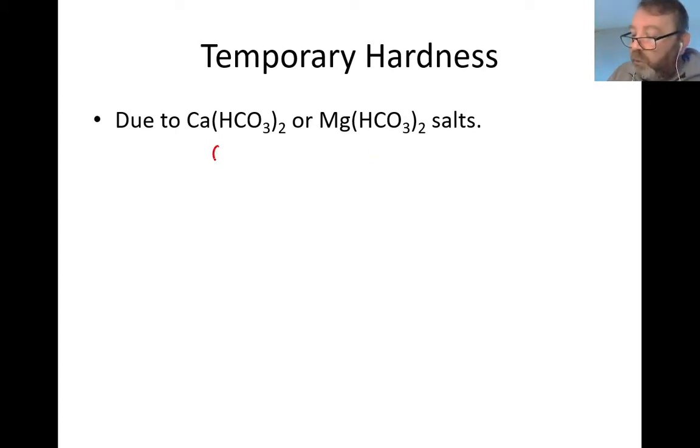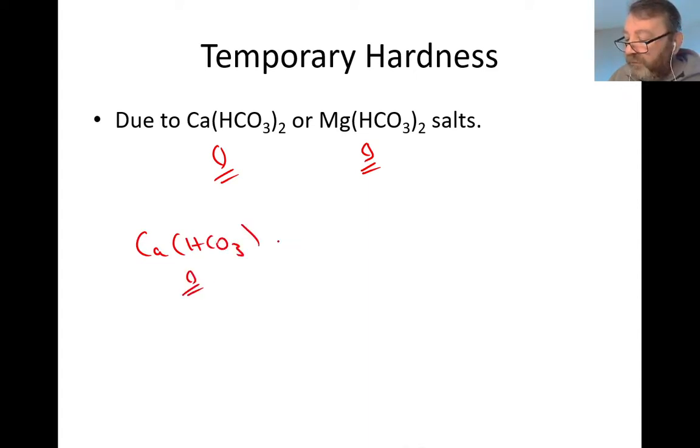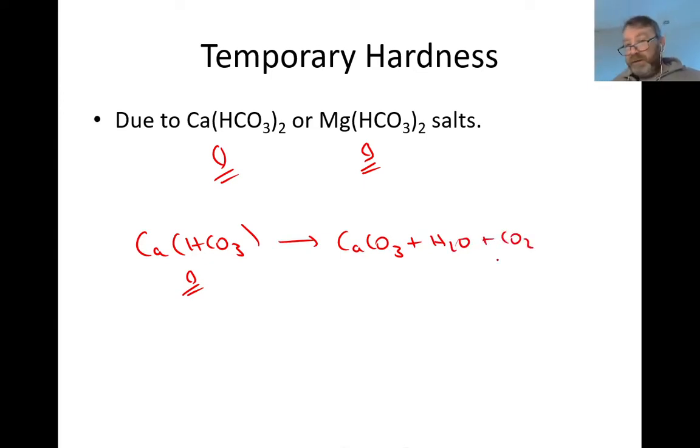So when I heat either of these two, the whole natural process that happened in the limestone region is undone in a couple of minutes. Your calcium hydrogen carbonate, when you heat it, simply decomposes back into CaCO3, the rainwater that fell from the clouds, and the carbon dioxide that was in the air.